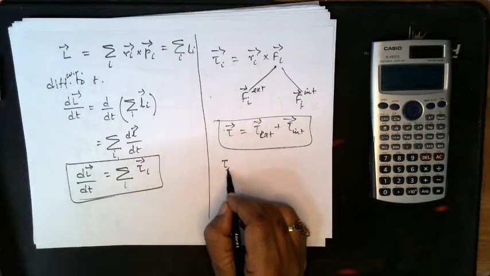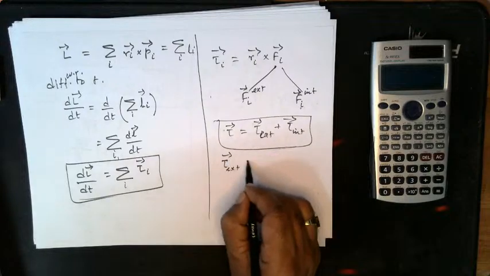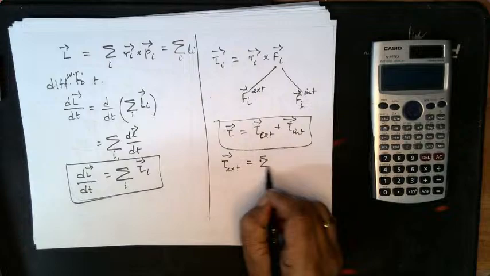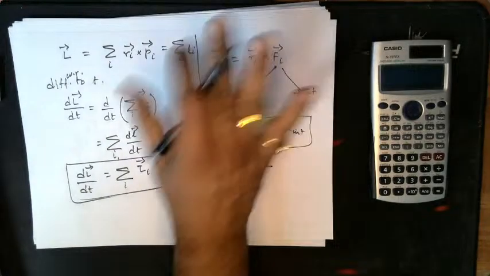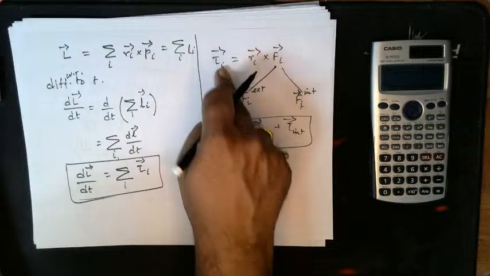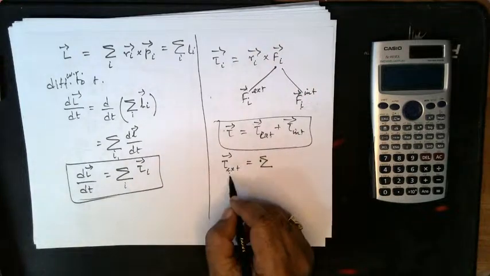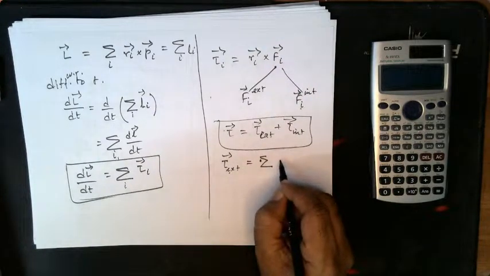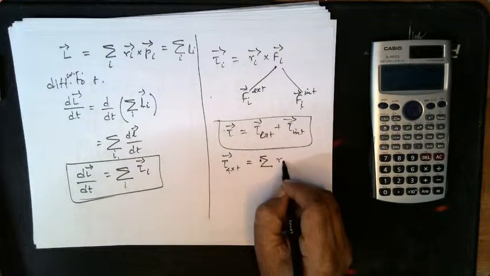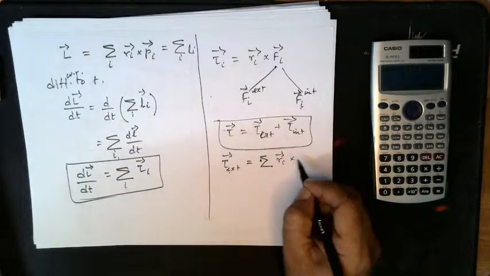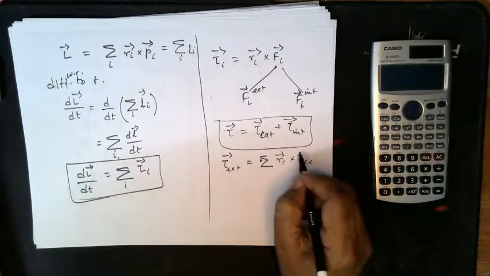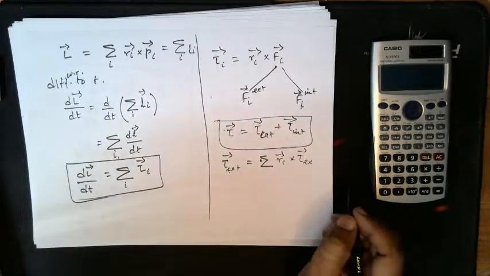What is that tau external? Can you tell me? The sum of the total. We are talking about the total one, because for external I put individual, and I have made it total now. So tau external is equal to the sum of Ri vector cross Fi external vector.